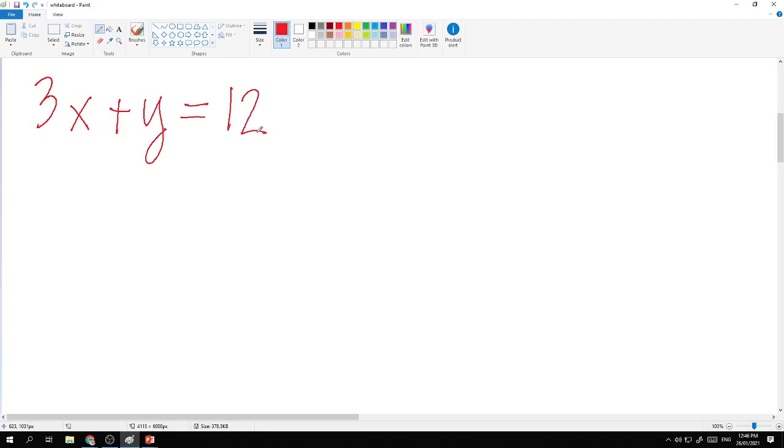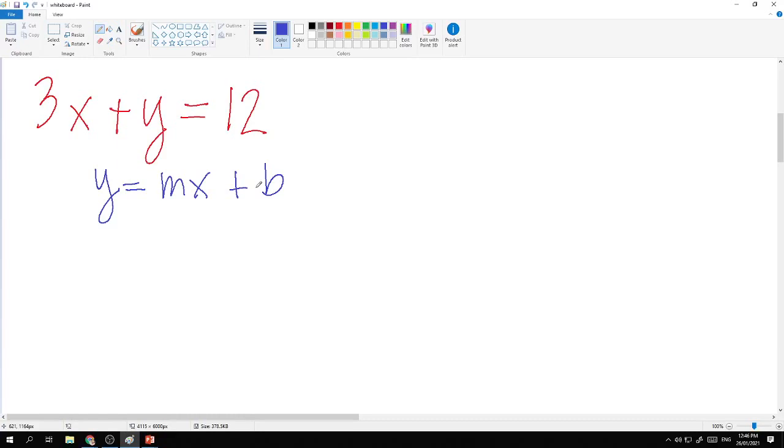Now, here's my question. What are you going to do with this? Is your given equation written in the slope-intercept form? No. What are you going to do with this?